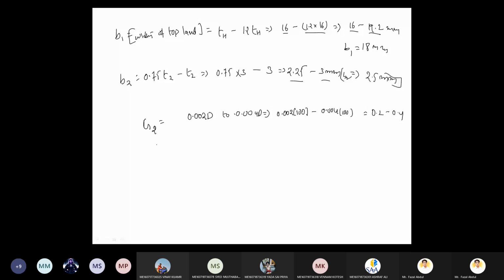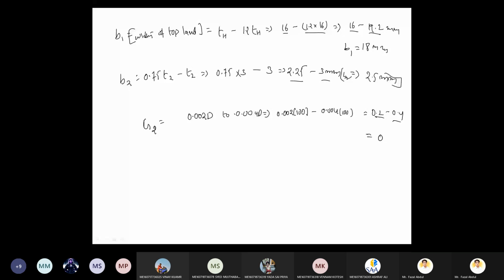G2 is the gap when the piston is inserted in the cylinder. So I am selecting the middle of the range, 0.3.